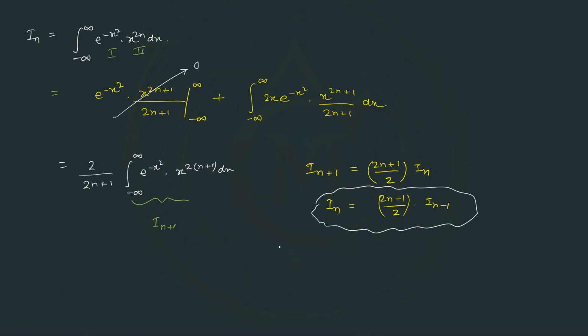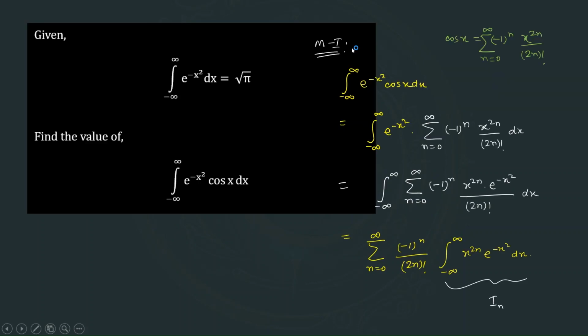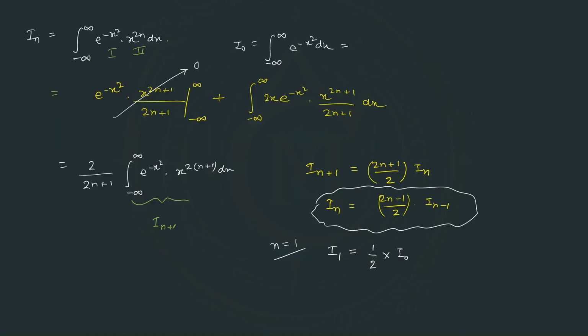Now, if we put n equal to 1 here, we will get I1 equal to 1 by 2 into I0. Now, I0 is what? I0 is integral from minus infinity to infinity e to the power minus x square dx, which is given to us in the problem statement that it is equal to root pi.